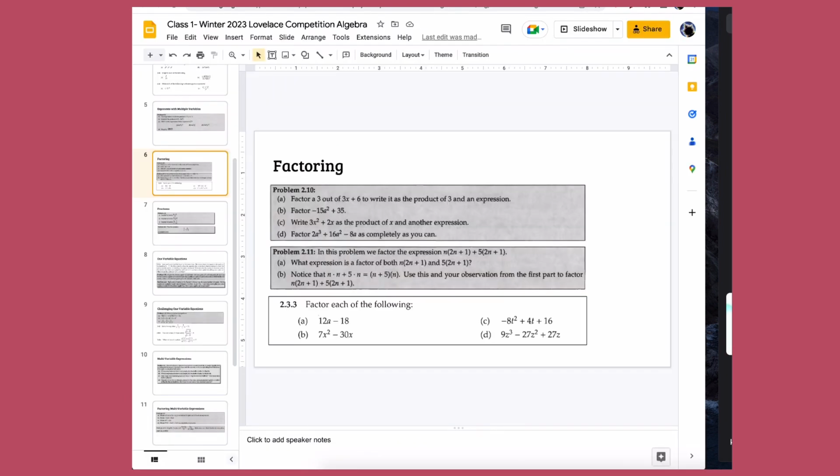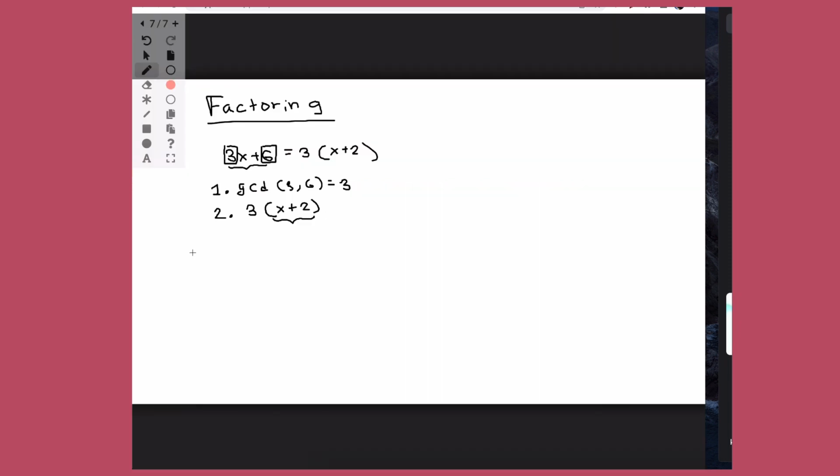But now, the next problem gives us basically the same thing. Minus 15a squared plus 35. So can anyone tell me how you would factor this, using the same thing here?